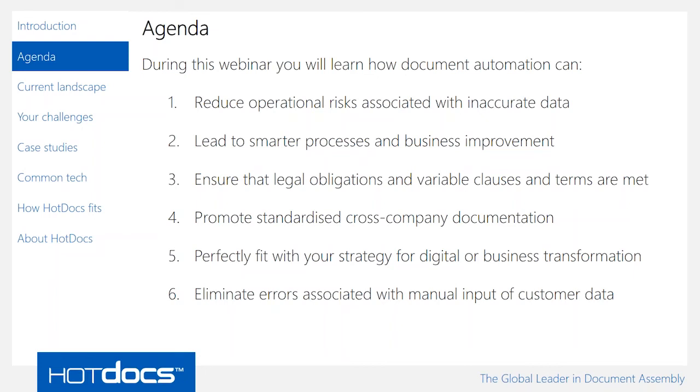How do you ensure that they're accurate? Promoting standardized cross-company documentation, fitting in with your strategy for digital or business transformation, and then obviously eliminating errors associated with manual input of customer data. Those are the key overviews that we're going to be looking at as we go through this webinar.